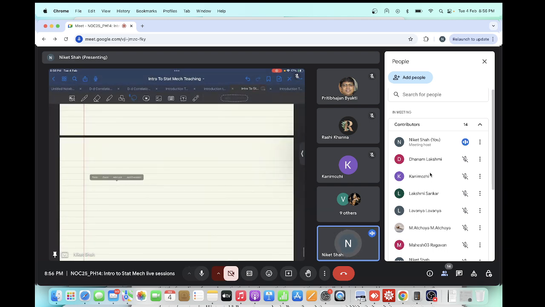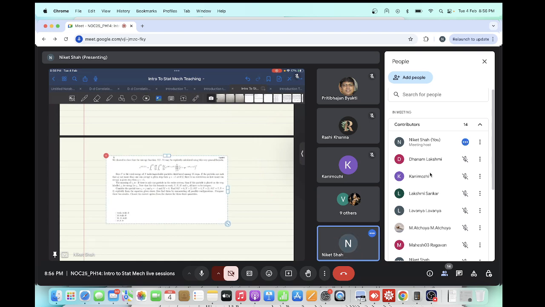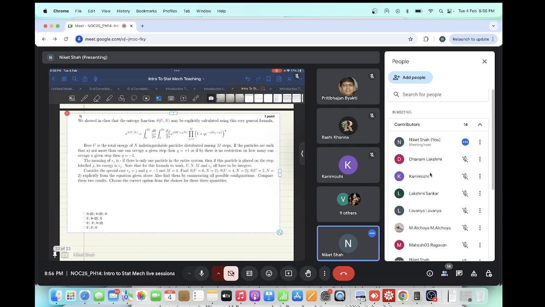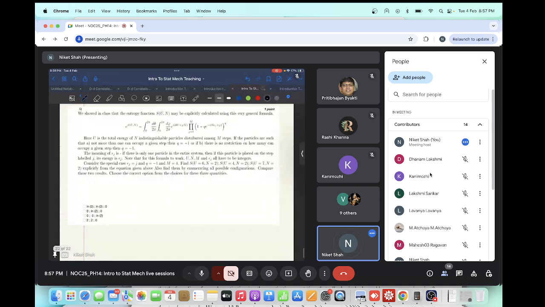So this is the last question that we're doing, and then we're done. Okay, so question number 5 is, again we're considering the special case epsilon j is equal to j and q is equal to minus 1. Q is equal to minus 1 means bosons, and you have m is equal to 4, which means there are 4 steps on which you are arranging particles.